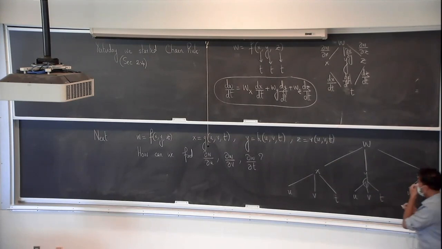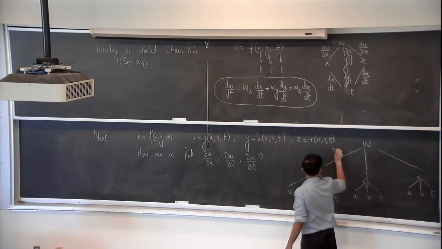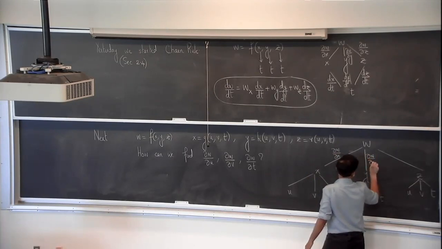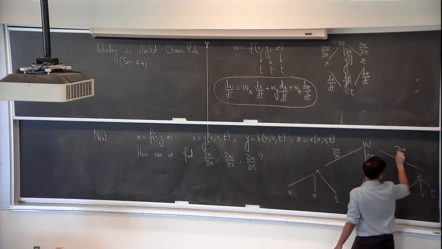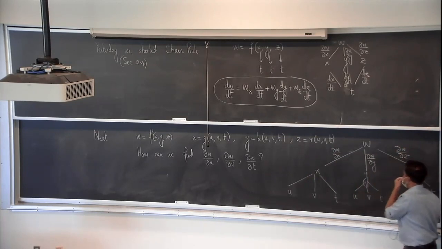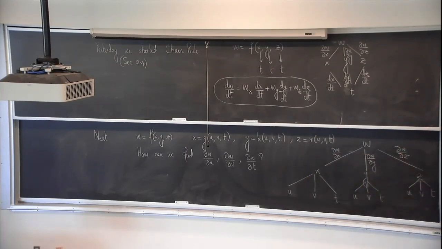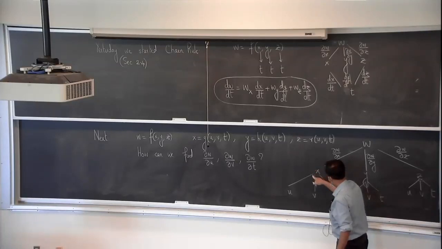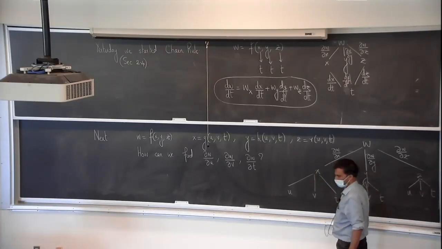Okay. So the derivatives here would be W with respect to X, W with respect to Y, and W with respect to Z. So that's the same as what we had in the first case. The only difference here is that down for the second stage, you're going to have partial derivatives because you have a multivariable situation, right?